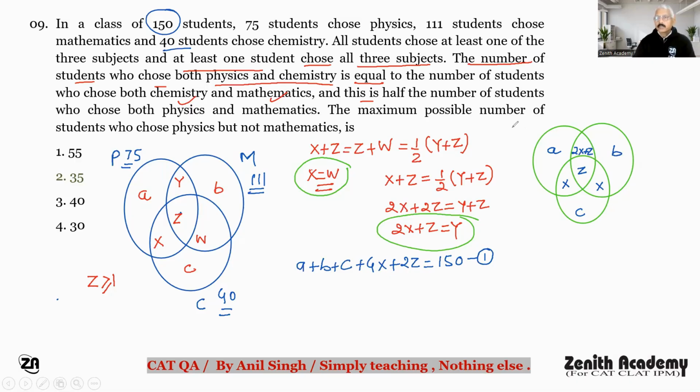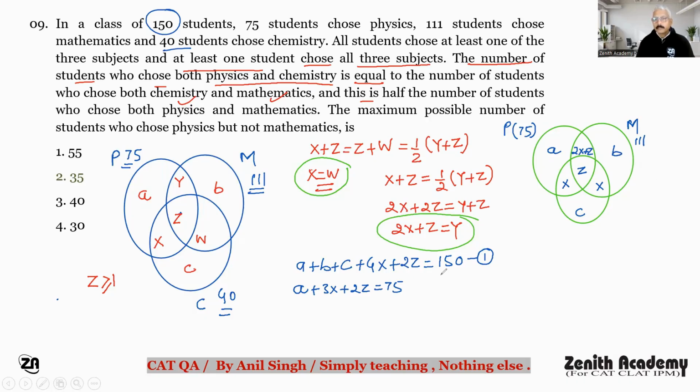Okay, here it's physics, 75 students. So this is A plus 2X plus X, 3X plus 2Z, is equal to 75.